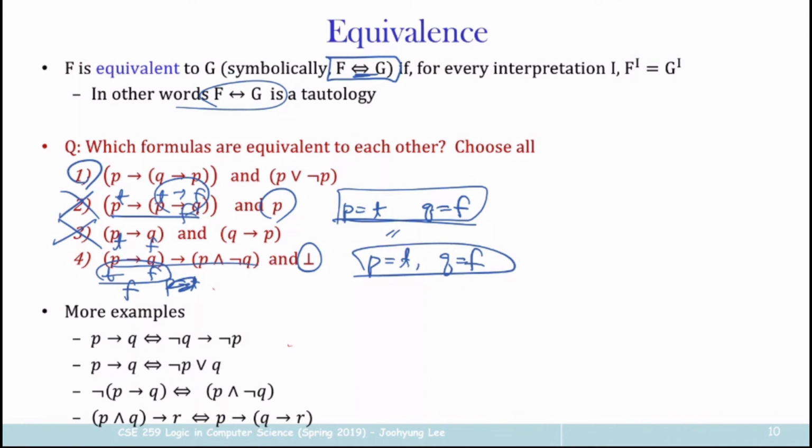At this point, I don't want you to use natural deduction, because the definition of equivalence is not in terms of natural deduction. Equivalence here was defined for the interpretation. We'll get back to that when we have covered the soundness and completeness theorem.